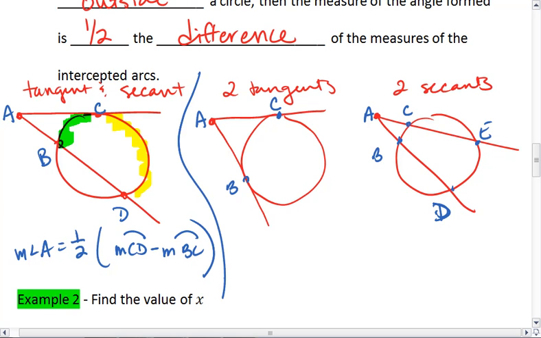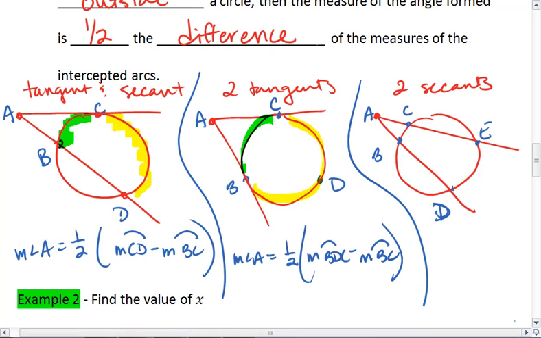In the second case, the measure of angle A equals 1/2 of, again, our bigger arc minus our smaller arc. So arc BC, the measure, minus, oh, we should probably add a letter here. So the measure of arc BDC minus the measure of arc BC.